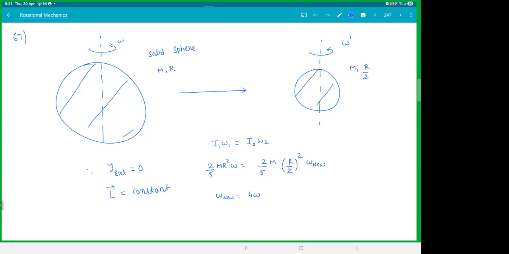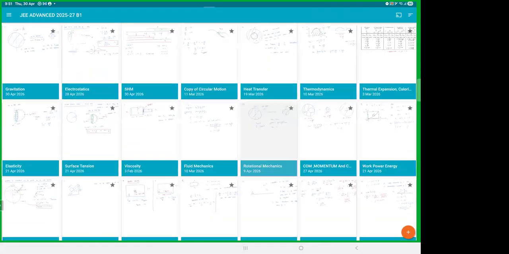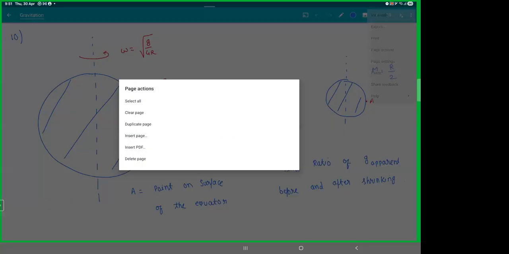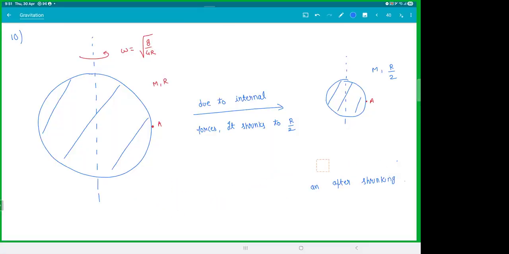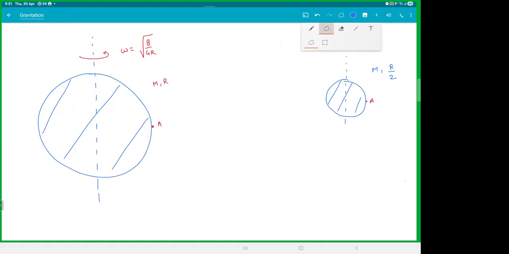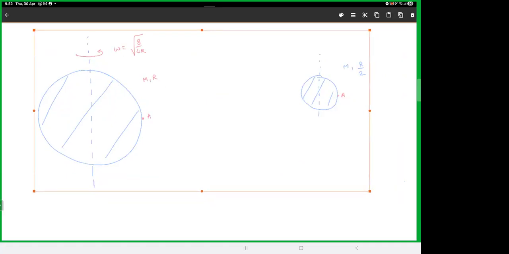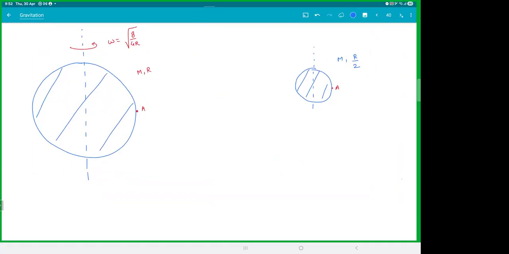So when it shrinks, the omega changes. Omega doesn't remain the same. That is the first change. Hope you realize that. So from conservation of angular momentum, this guy will rotate with 4 omega.